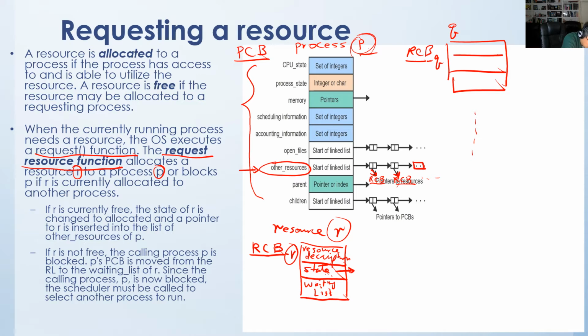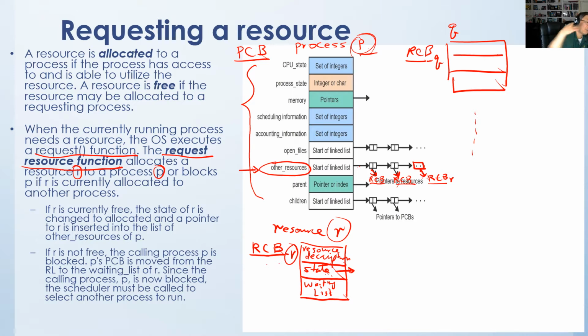So I'm going to add the RCB R, which relates to the resource R, on the linked list for the other resources.